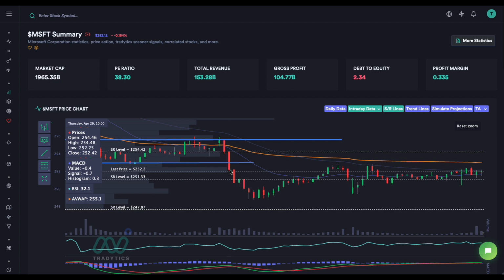So we can see that we even broke this support, and let's say this is not a support level. Once we break this support level and we are down, and you can see on the price action that there is almost no chance that we are going up, and we keep going down.